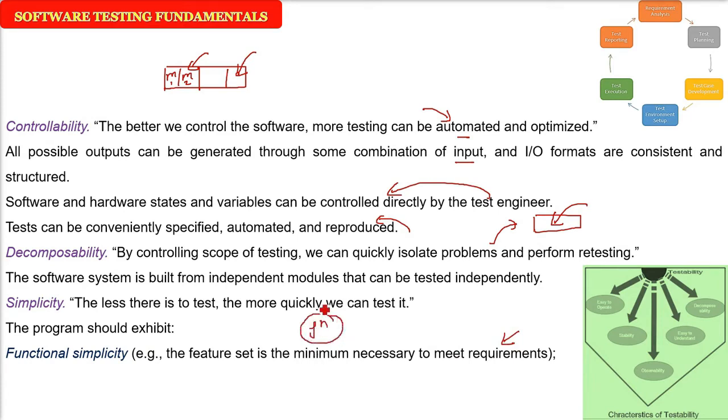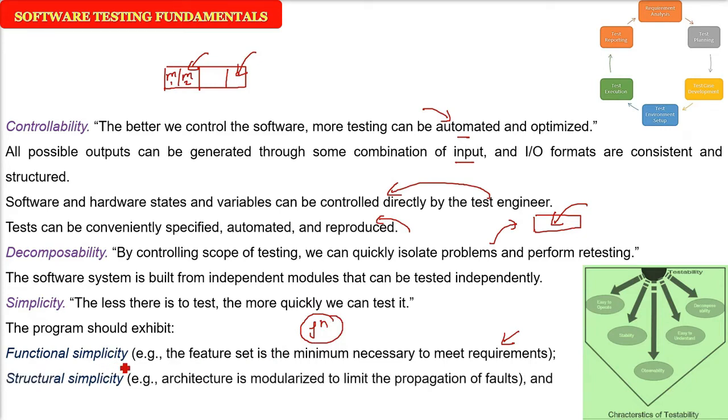Putting in everything redundant or not required is not advisable. Structural simplicity: if the architectural design is modularized and compartmentalized, this modularization will help in avoiding the propagation of faults. When the coupling is less and the cohesiveness is higher, the structure is simple, and the fault may not propagate because of the interfacing.